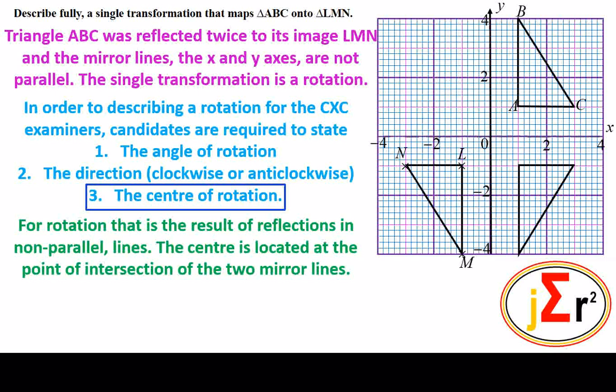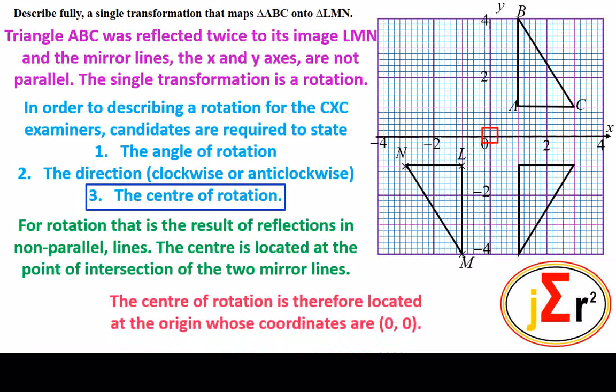The center of rotation will be located at the point of intersection of those two axes, which is right there. And the center of rotation is therefore located at the origin, whose coordinates are 0, 0. Or we may just say the origin. What else do we need to mention?